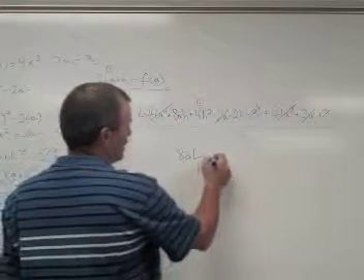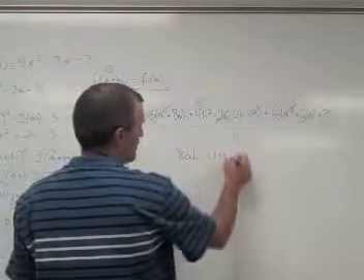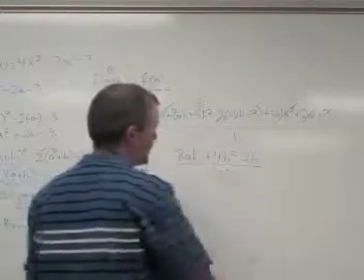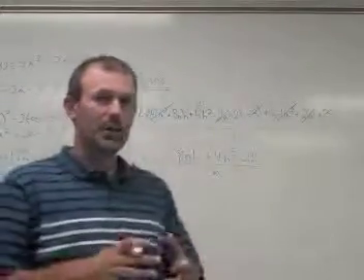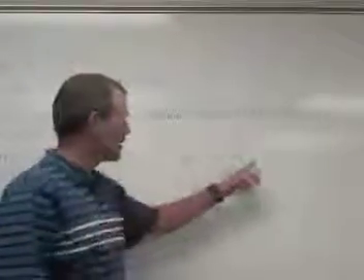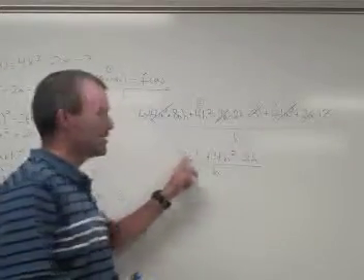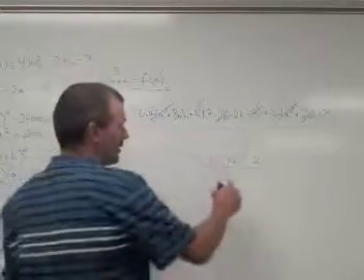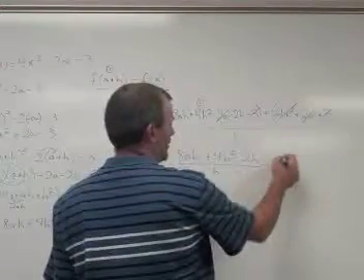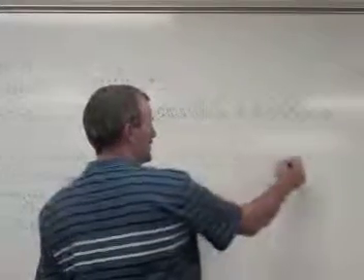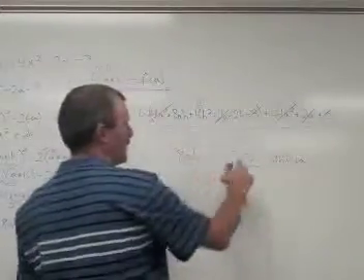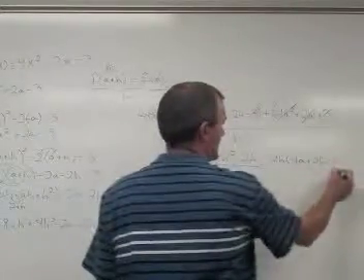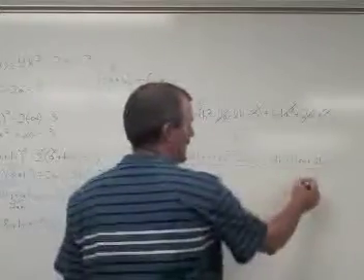8ah plus 4h squared minus 2h over h. And if you think back a couple tests ago, notice there is a common factor here. There's an h, and actually a 2 also, in every one of these. So we can factor that out, 2h. This leaves us with 4a plus 2h minus 1 over h.